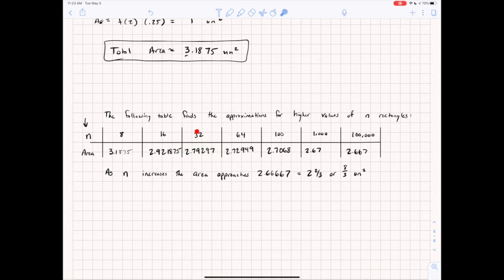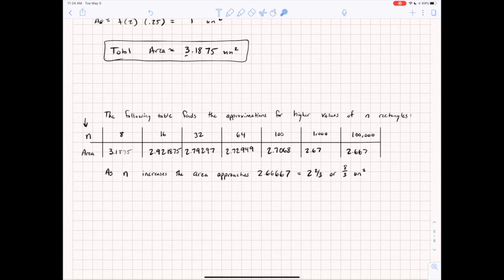To 64, see how 2.79 goes to 2.72. So again, I'm starting to get some fixated decimal placeholders. If I go to 100, this is 2.7068. To 1,000, 2.67. To 100,000, 2.667.